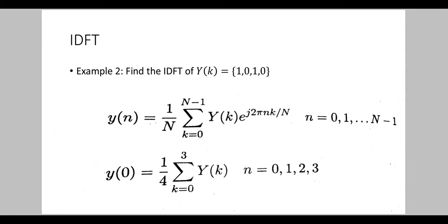That is, we have to find the value of y of n for n is equal to 0, 1, 2, 3. That is 0 to n minus 1. First we put the value of small n is equal to 0. Then y of 0 is equal to 1 by 4 sigma k is equal to 0 to 3 y of k.